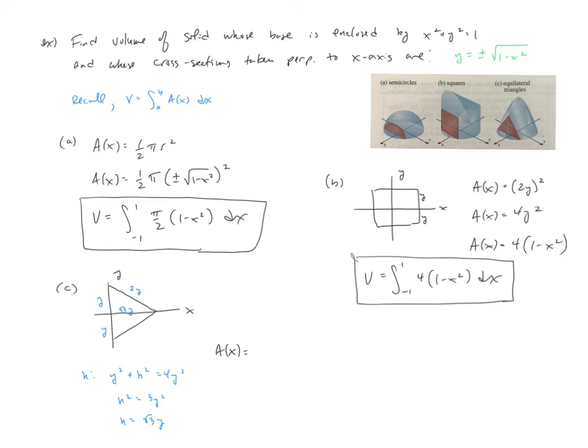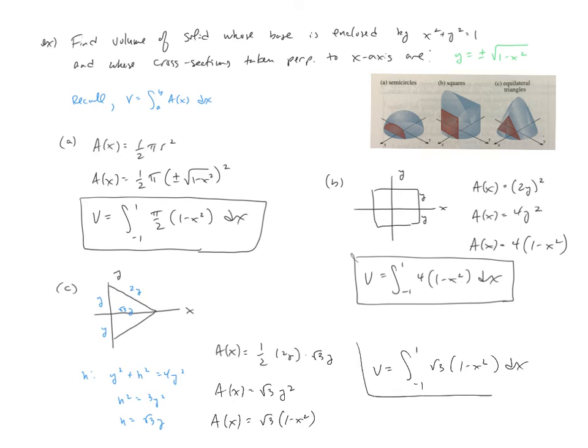The base would be 2y, times the height, which is root 3 y. So if I put this together, I'm going to have root 3 times y squared, and now when I truly drop my x in there, that's going to be 1 minus x squared again. So for our volume, we would get the integral from -1 to 1 of root 3 times 1 minus x squared dx.